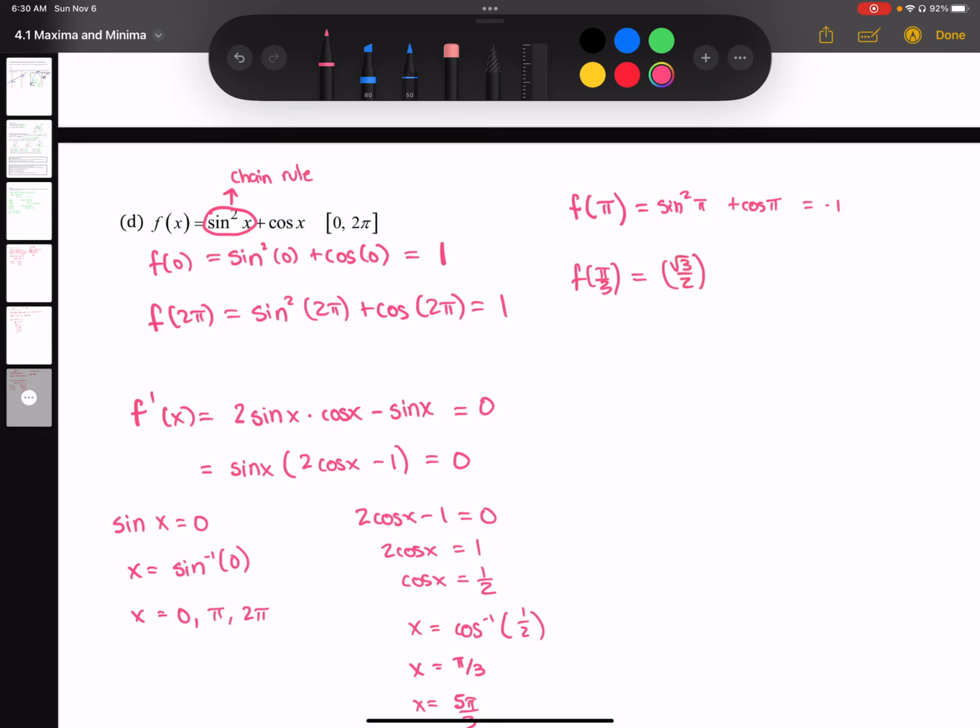So the square root of 3 over 2 squared plus the cosine of pi over 3 is 1/2. And so that's going to equal 3/4 plus 1/2, which is, what's that, 2/4? So 5/8.